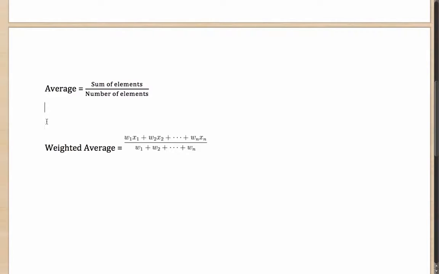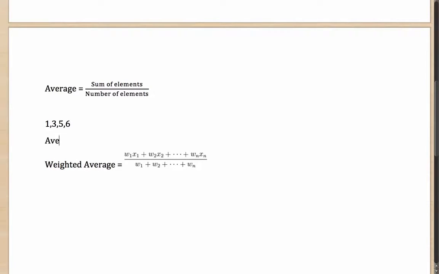What I mean by that is, let's say you have 1, 3, 5, 6. Then their average is going to be 1 plus 3 plus 5 plus 6, their sum, divided by the number of elements that you have taken, which is 4. 1 plus 3 is 4, plus 5 is 9, plus 6 is 15.